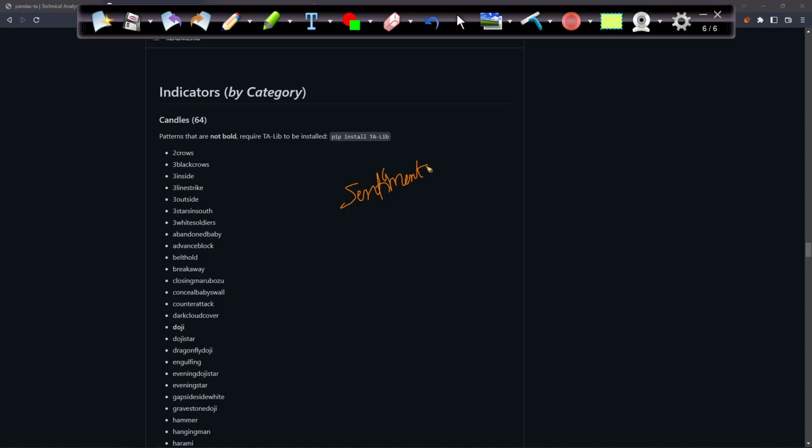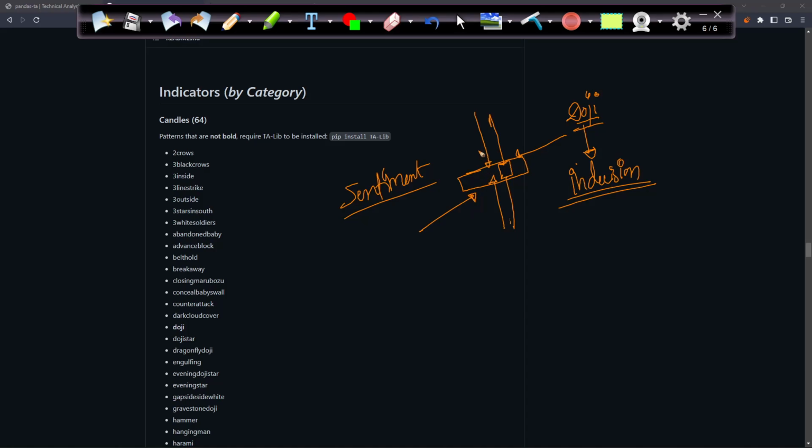So like doji, this is a doji candle. It's basically saying that there is indecision in the market, meaning buyers and sellers both came to the common ground here, and the next candle would result in the direction of whether the market is gonna go up or down.